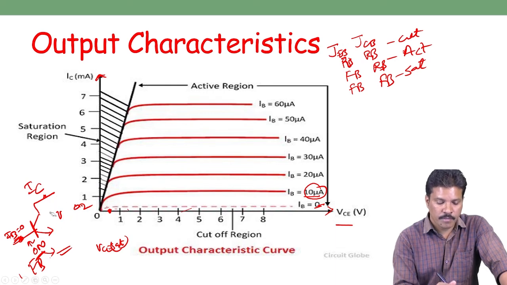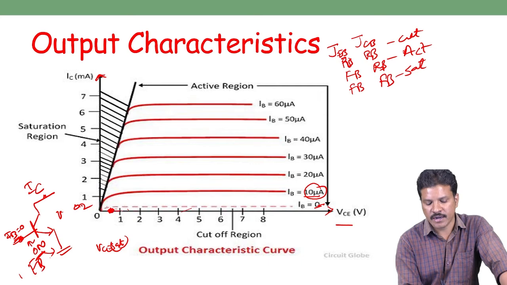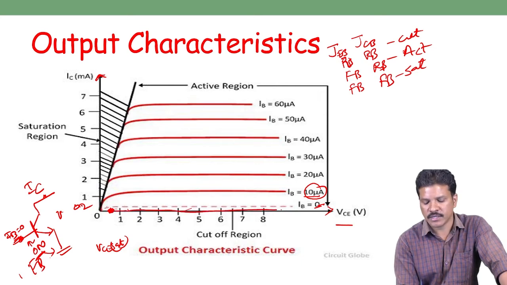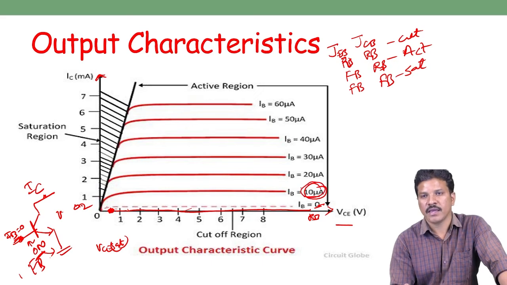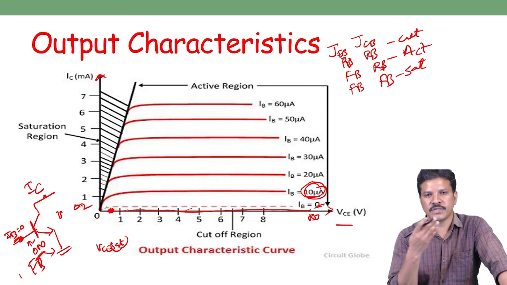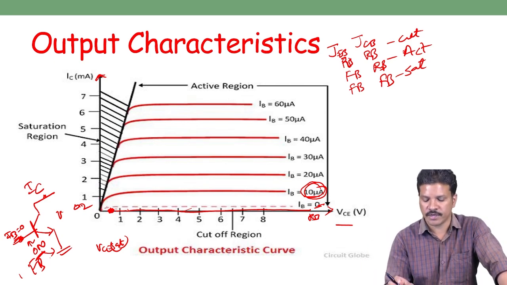By increasing the output voltage above VCE SAT, it is always reverse bias. So IB of 10 microamperes is forward bias at the input side, with reverse bias at the output side. It is always the active region.